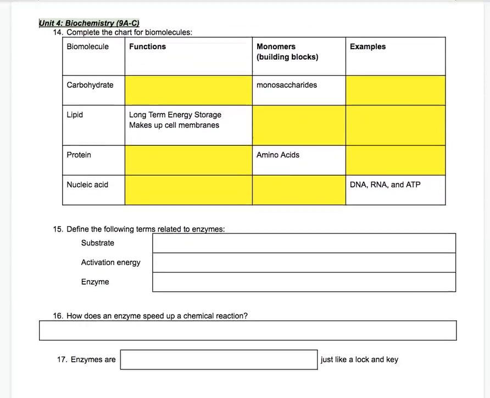So Unit 4 starts with biochemistry, and we have to complete the chart below for the biomolecules. A carbohydrate's function, well, it's the primary source of quick energy.